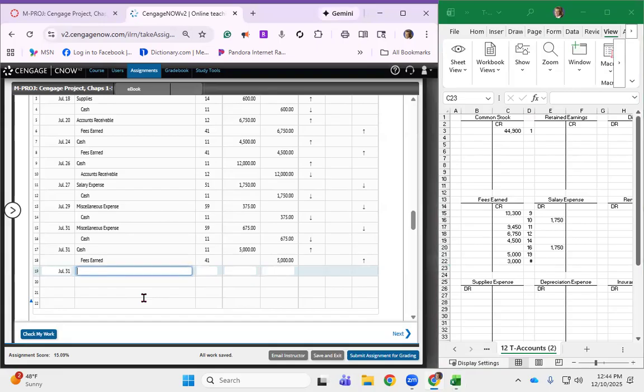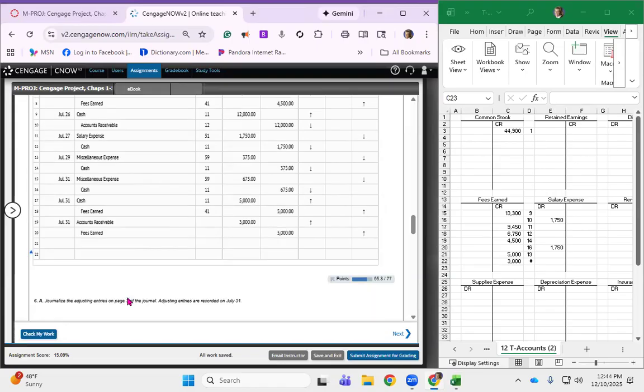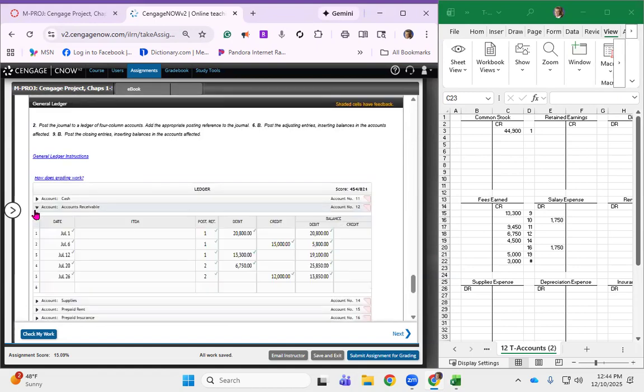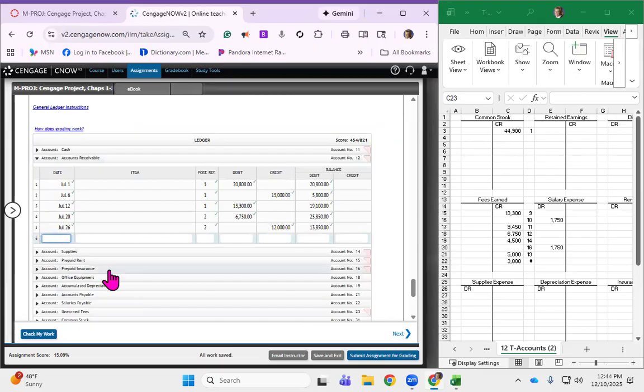All right, so accounts receivable, $3,000, and fees earned, $3,000. Let's go down to the ledger. Okay, we're going down to accounts receivable. Open accounts receivable ledger. This should be your last line of accounts receivable.